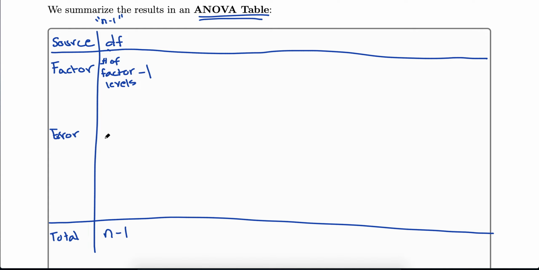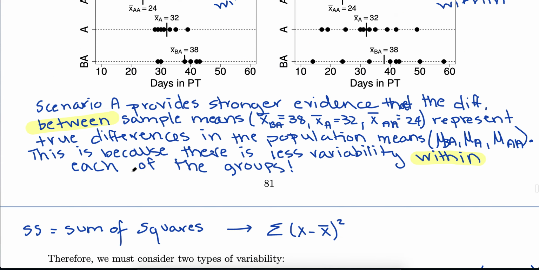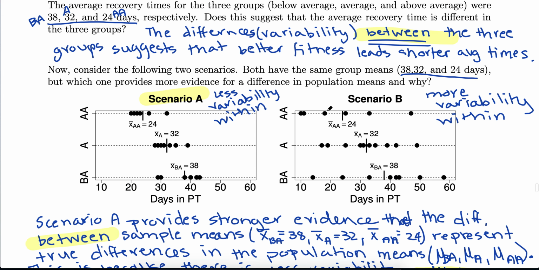And then error is a little bit trickier to remember. You can remember that these two have to add to the total. That might be helpful. So that would give us n minus number of factor levels, the degrees of freedom for error. And if you want to think about where it's coming from, we're looking at the variability or the error within each group.